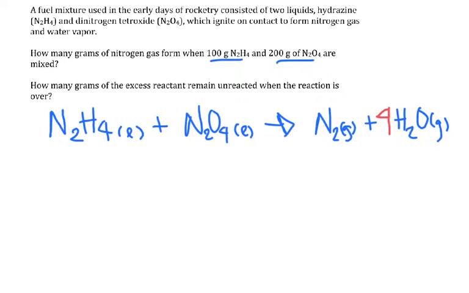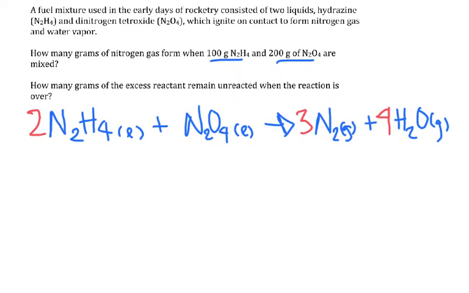On the product side, we have 8 hydrogens, so we need 8 on the reactant side. In order to achieve that, we can put a 2 in front of hydrazine. So now we have to deal with nitrogen. On the left-hand side, we have 6 nitrogens. So on the right-hand side, we need 6, but we only have 2. So we can put a coefficient 3 in front of the nitrogen gas. So now we have a balanced chemical equation.